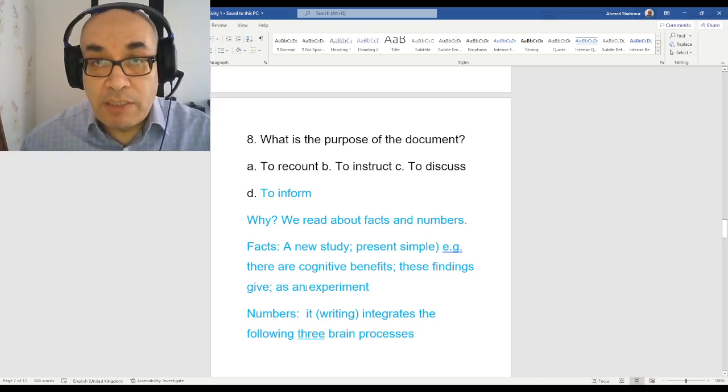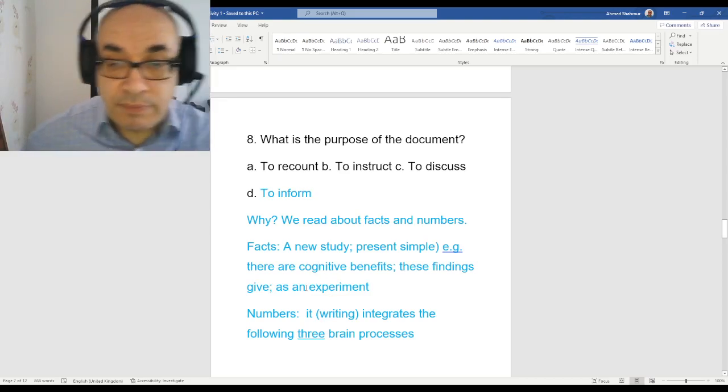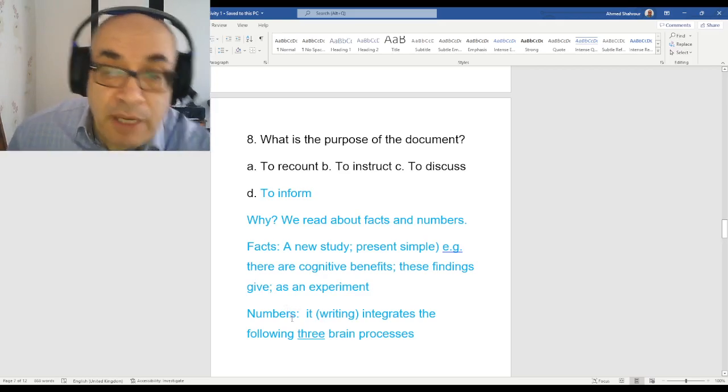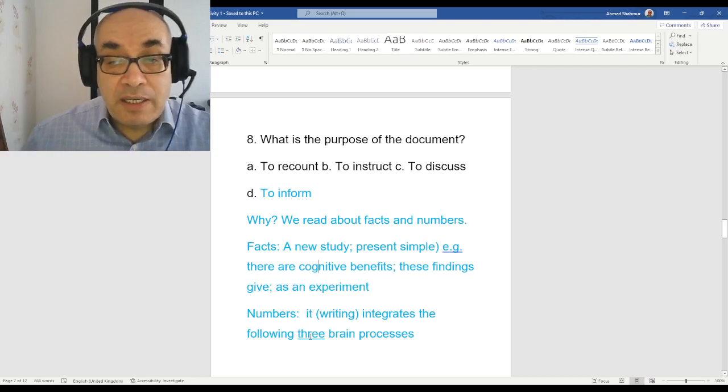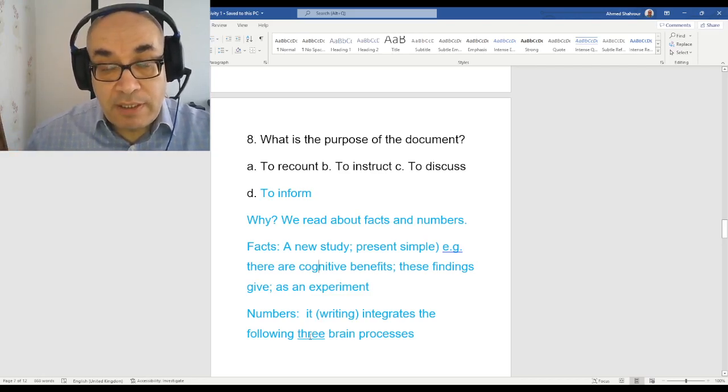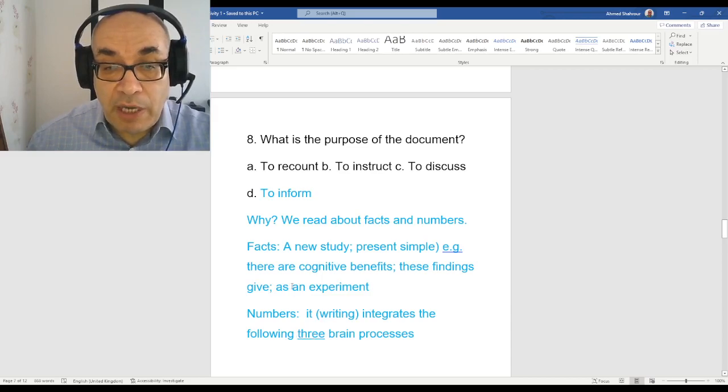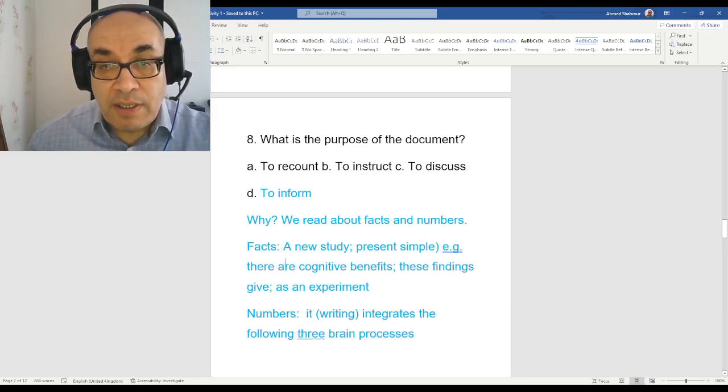When you talk about an experiment, you are talking about facts. And also we have numbers. Writing integrates the following 3 brain processes. So number 3, again, this is a fact taken from the text, the document. So we are using facts, we are using numbers. This means the text is informative. It gives us information, or if you want, it informs us.